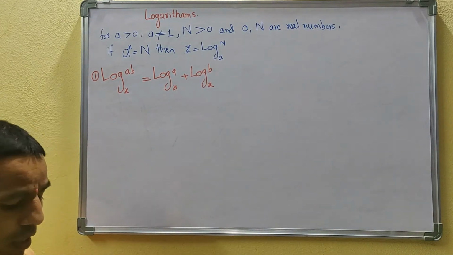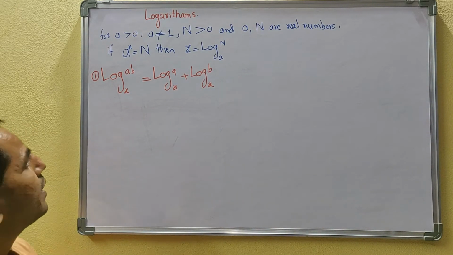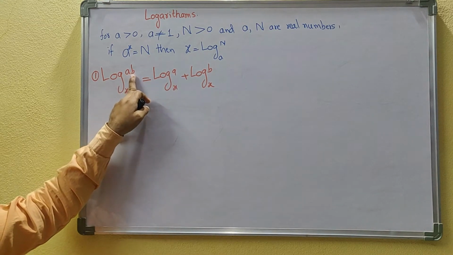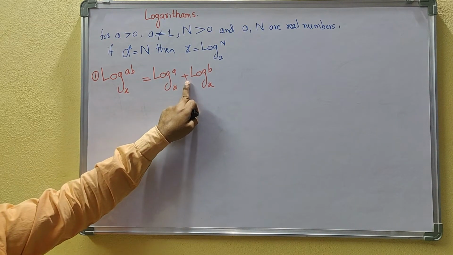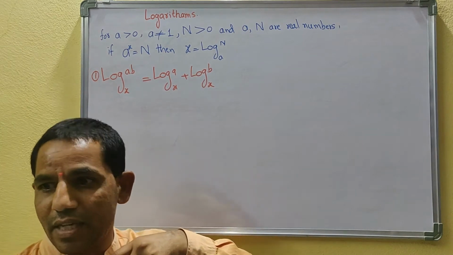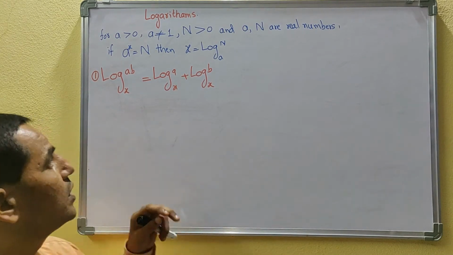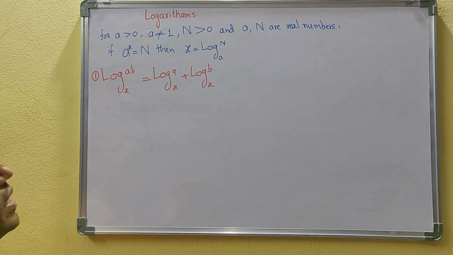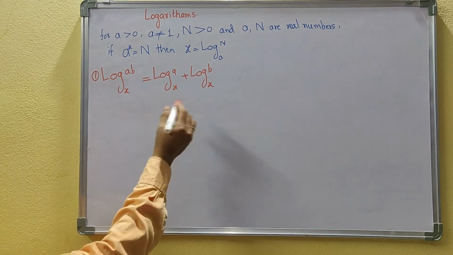Here, for the product a into b, we get the addition symbol. Generally we do multiplication, but here we are doing addition.